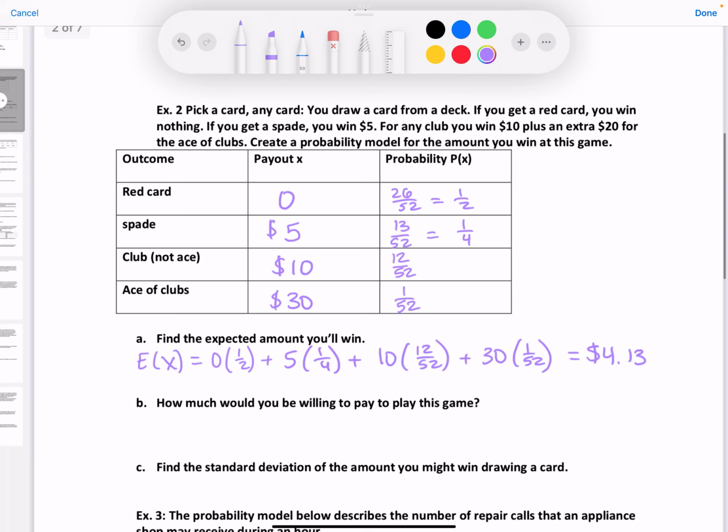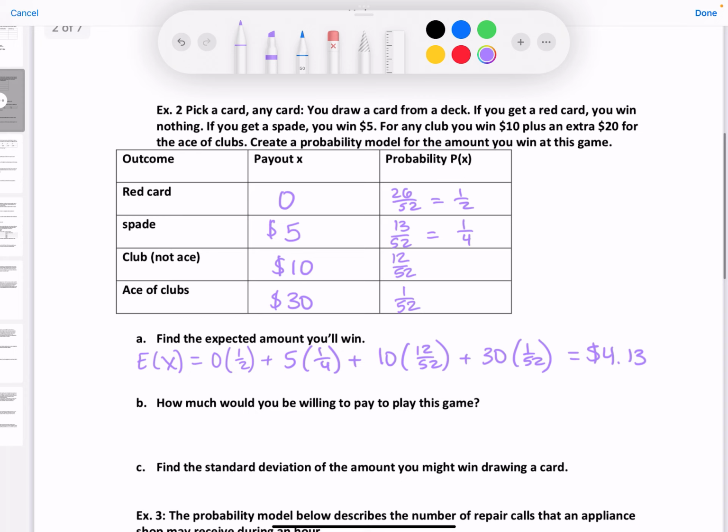Okay. So you can make an argument for that. Mathematically, we would probably say anything less than $4.13, so that we guarantee we win something. Well, I say guarantee. Obviously, there's a chance you don't win anything. Is that an opinionated question? Kind of. Yes, it kind of is, but at the same time, look at the math of it.